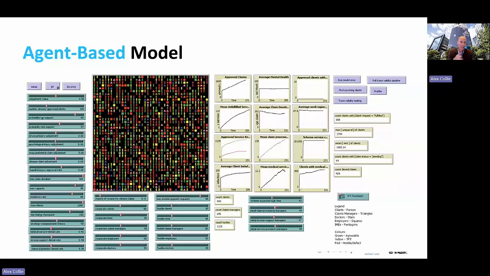So we can adjust that setting to test that as a policy impact. And the set of graphs are the outcomes that we can track from this system. So things like the number of approved claims, the average mental health of the workers, the average claim duration, the number of service requests that are approved, client satisfaction, some time-based variables, all sorts of other things that we can model as well.